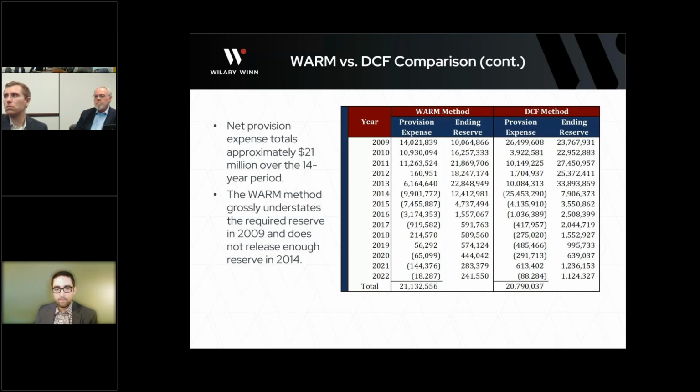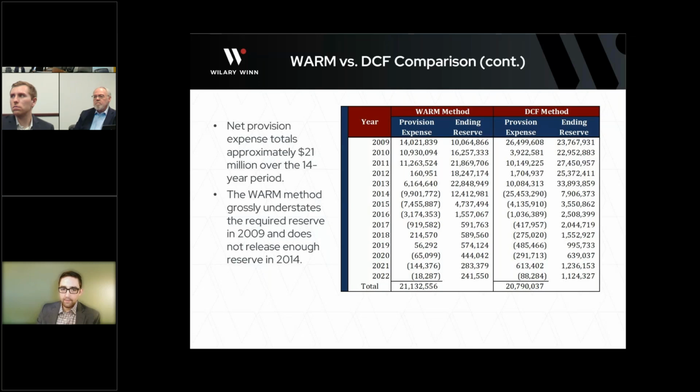WARM method is significantly understating reserves in 2009, right when defaults peaked during that financial crisis, and under reserving creates a lot of risk, especially if we have regulators and auditors looking at that balance sheet and that portfolio. Then in the recovery period, especially right around that 2014 mark, WARM model's doing the exact opposite.